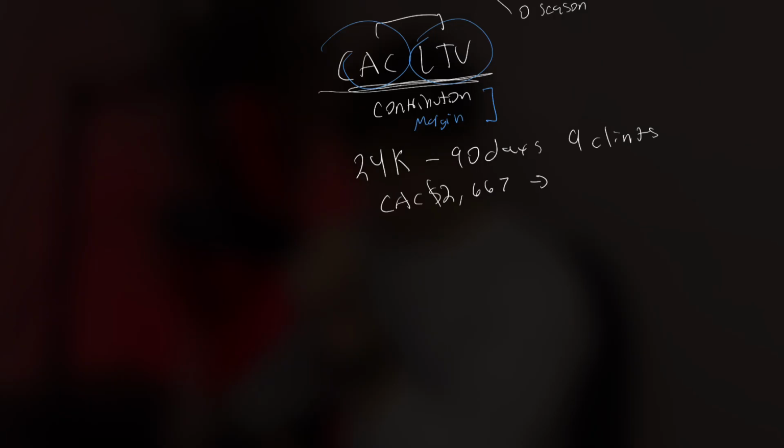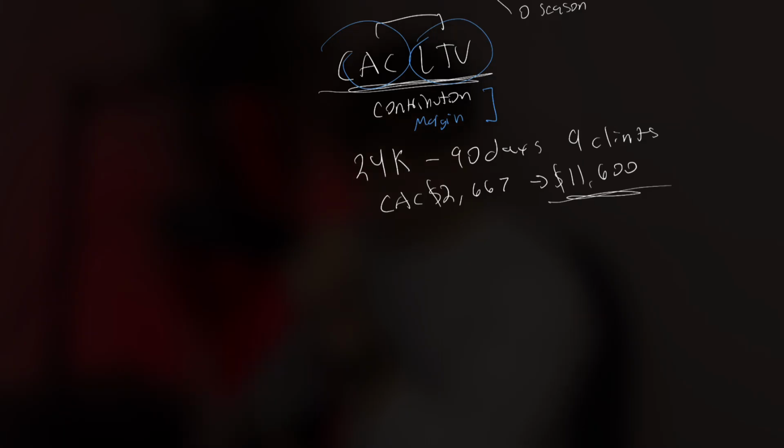The agency was spending $24,000 over 90 days to acquire 9 clients. They had a CAC of $2,667. And you would think against that revenue LTV of roughly $11,600, it appears pretty sustainable at first. A founder looking at top line LTV would reasonably conclude the system works.